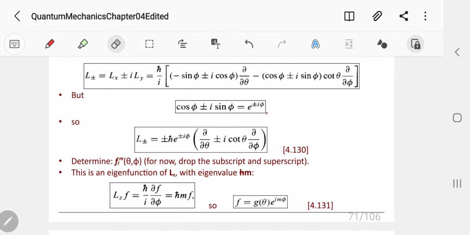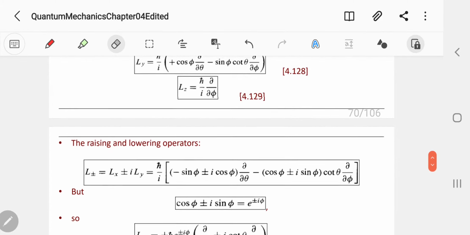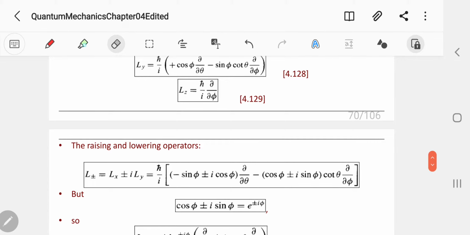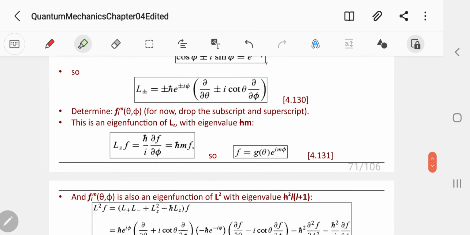And then for Lz, of course, you have a very simple expression. For Lz, we just have this, and so you have this one, and this is just equal to hm, right?